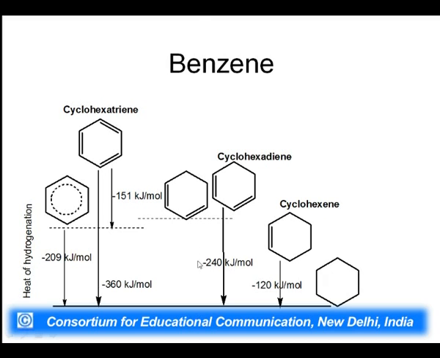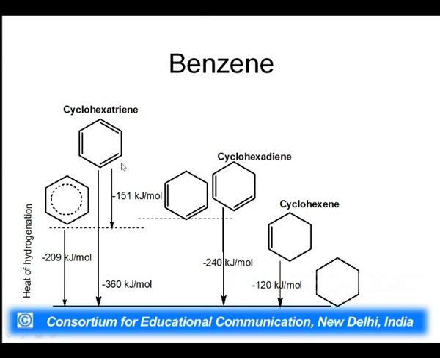The point I was not able to write because of less space is that the amount of heat released on hydrogenation of cyclohexadiene is 232 kilojoule per mole rather than 240. So we can say that the stability which more structures give is lowering the energy of cyclohexadiene slightly, such that the amount of energy released on hydrogenation is decreasing.